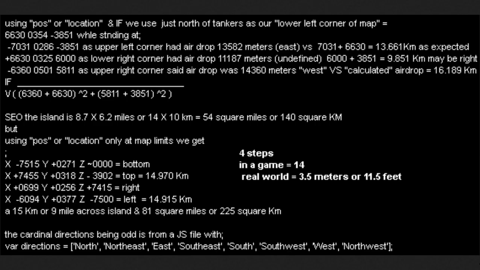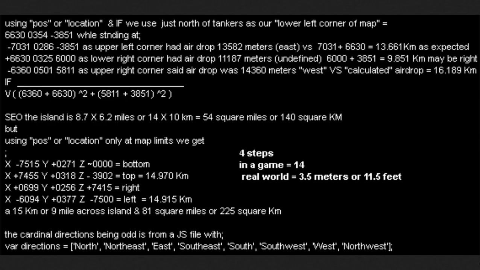And then again, using position or POS or location or LOC, depending on the server I went to, only at map limits, we got these numbers, which indicate 14.9 by 14.9 kilometers, or a 15 kilometer or 9 mile across island at 81 square miles or 225 square kilometers.